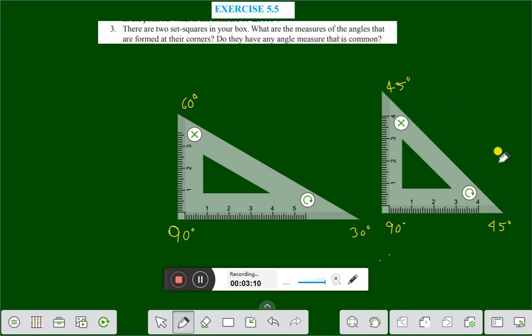Do they have any angle measure that is common? Yes. The answer is yes.